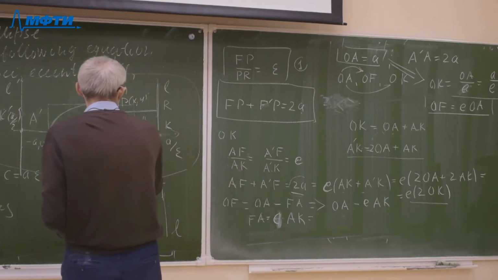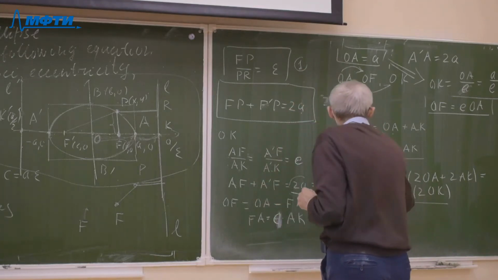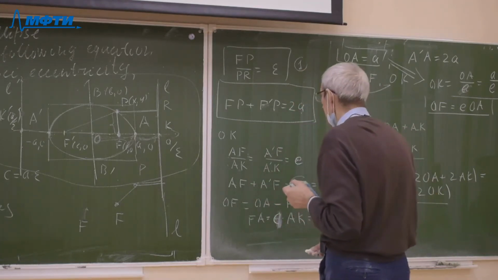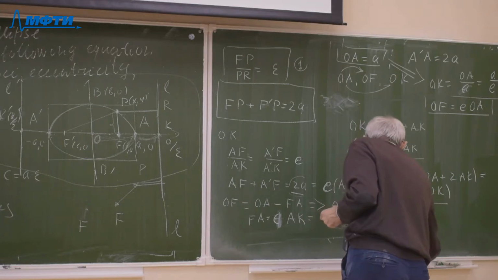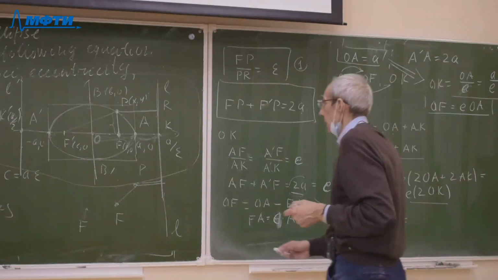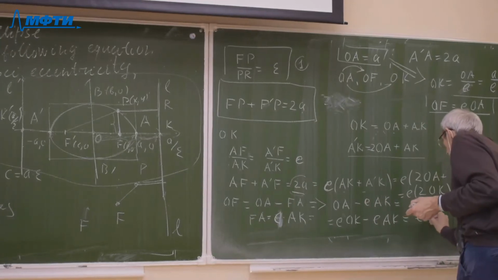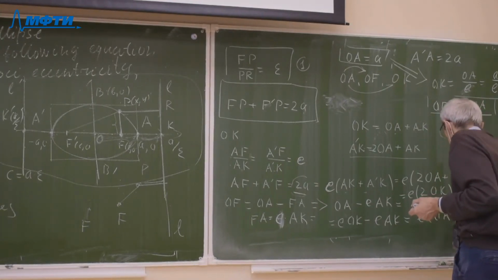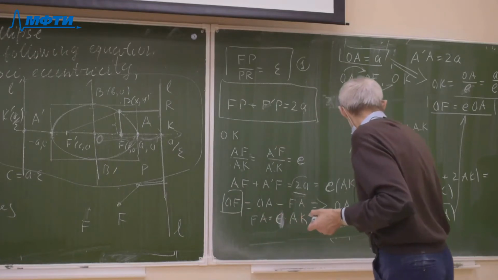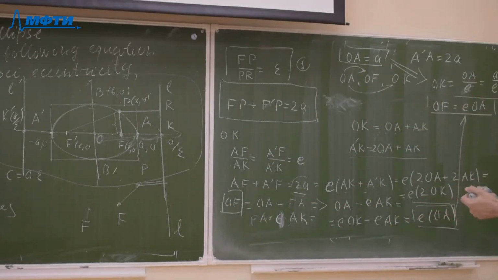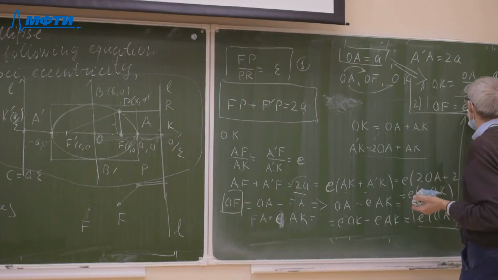Okay. OA is equal to OK, and using the previous equality, we obtain epsilon E OK minus EAK, and OK minus AK is equal to OA, and substituting, we obtain the latter equality, and we have two steps.